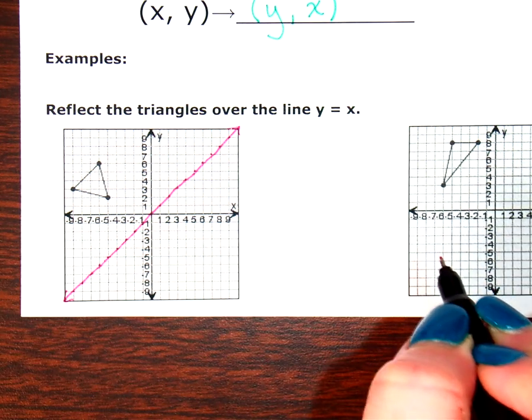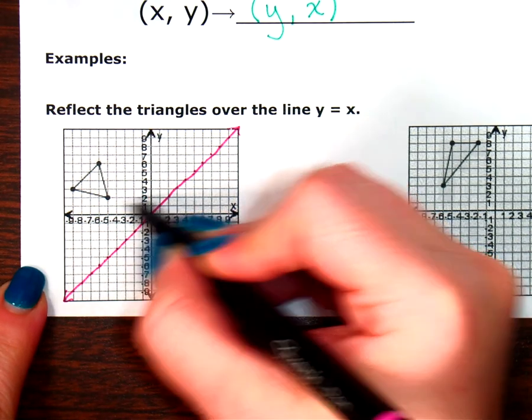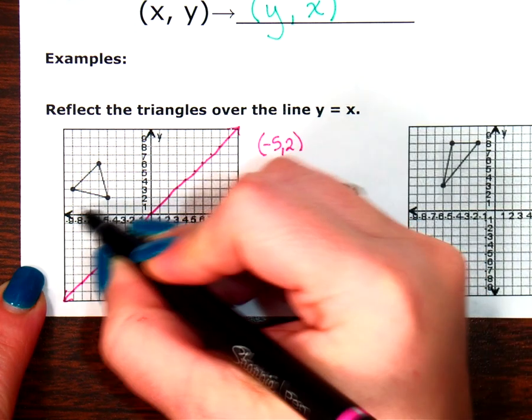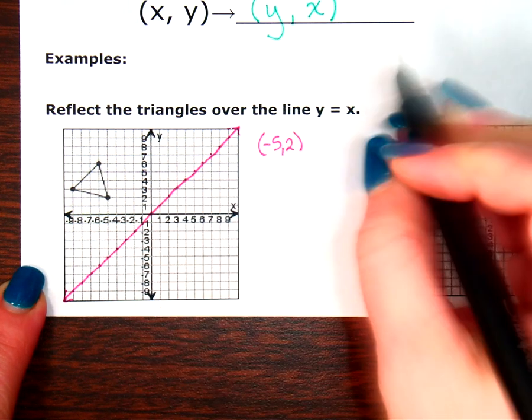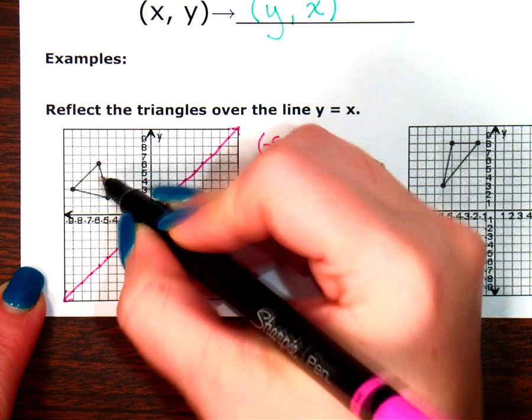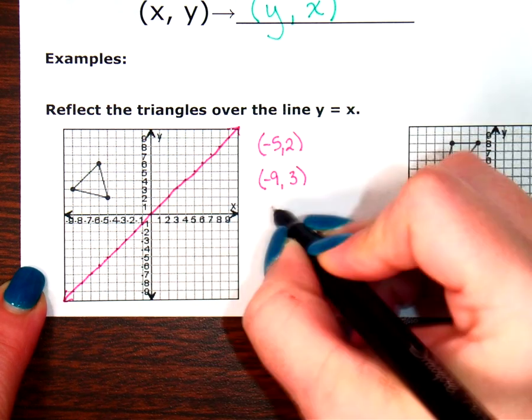Then I'm going to look at my 3 points. My first point here is at (-5, 2). My next point is (-9, 3). And my last point up here is at (-6, 6).